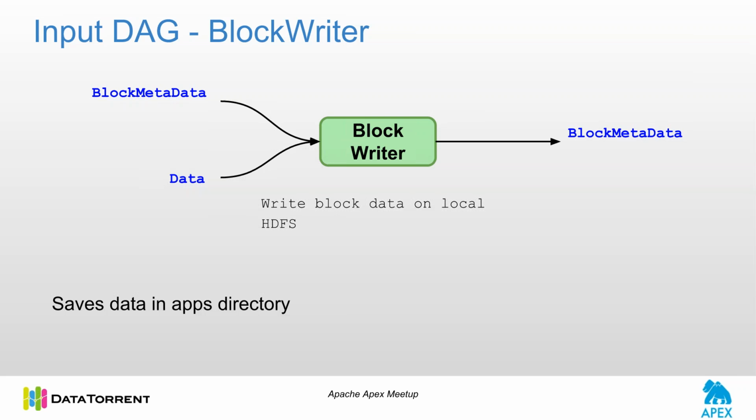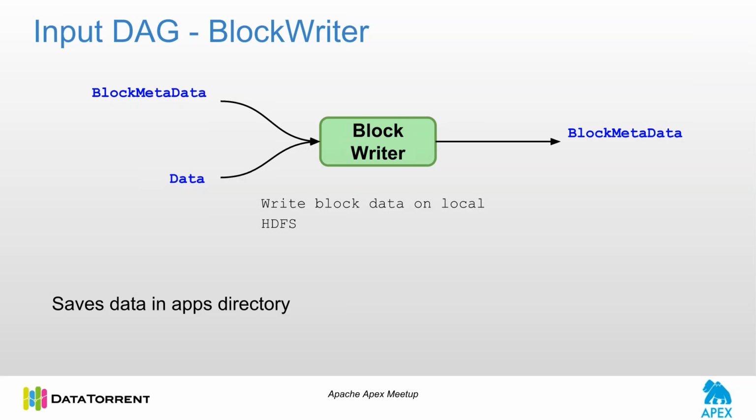And the key part here is it saves data in the apps directory. For every application that is running in Apex, there is a directory dedicated to that application, and the blocks data that we are saving will be saved in that directory. This information can later be used if you want to stop and restart this application. Then you can restart from wherever you left off.